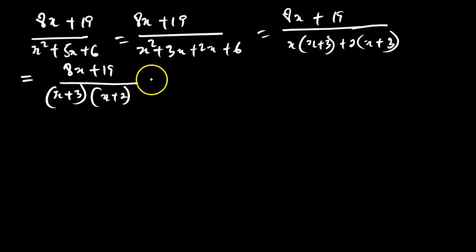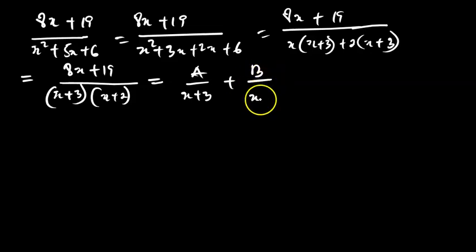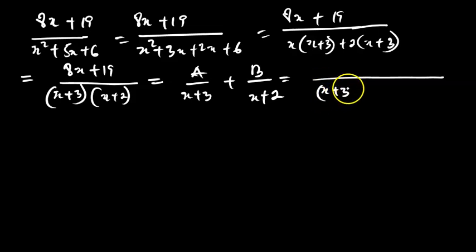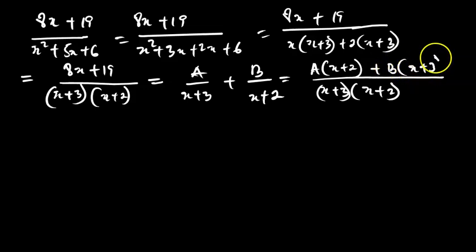Now this could be expressed as A over x plus 3 plus B over x plus 2. Multiplying through by x plus 3 into x plus 2, I now have A over x plus 2 plus B over x plus 3.